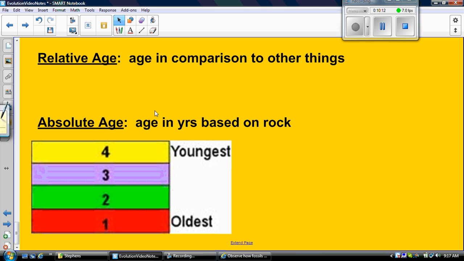Absolute age is the age in years based on rocks. So there's something called carbon dating, where we can actually look at carbon in rock, and we can find the actual date in years of how old that rock is. That's how we found out how old the Earth is, by looking at rocks and using carbon dating and dating them back.